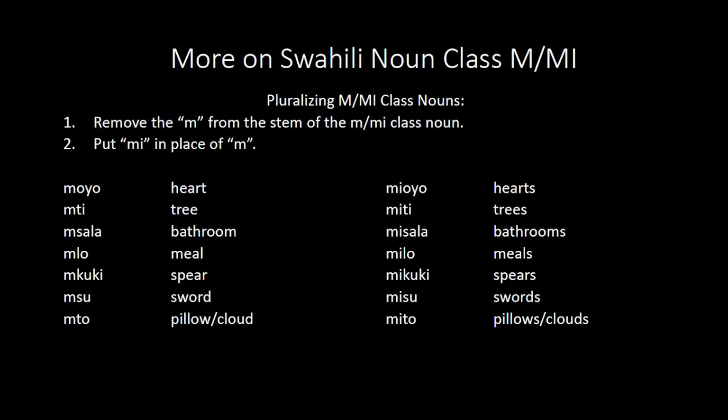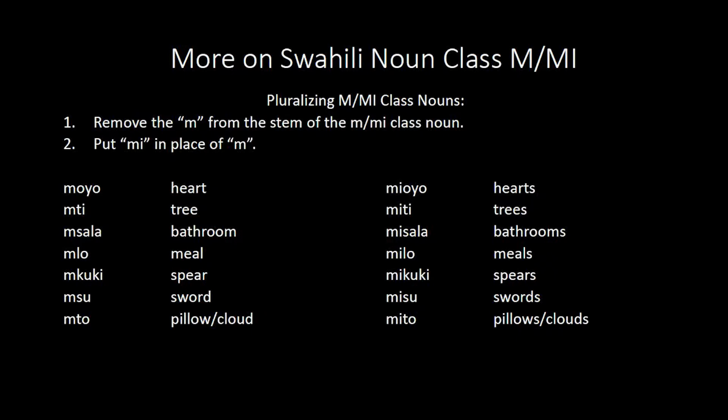The rule is you take the M on the front of the me noun, you remove it. Just remove it. Some people will say, no, you just got to put the I in there. Just remove it, take it off, and then put MI in its place. That'll make sure every time you'll do the right thing.